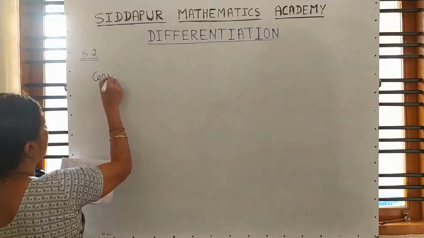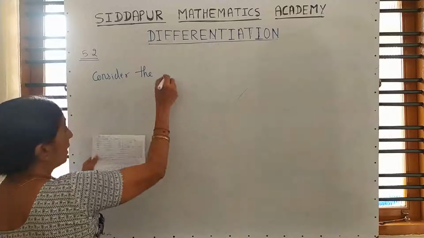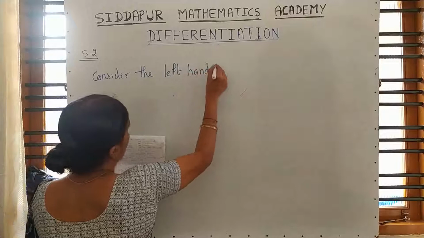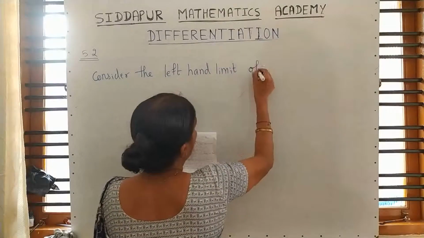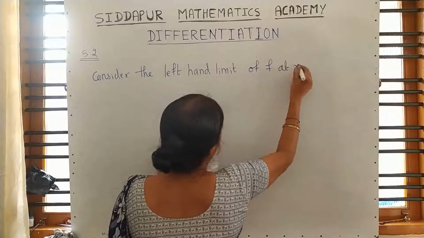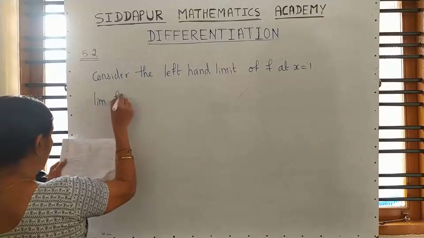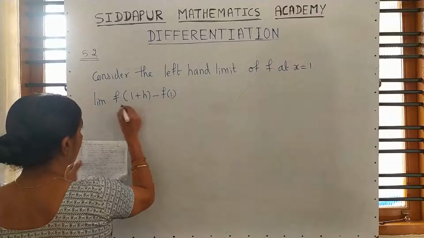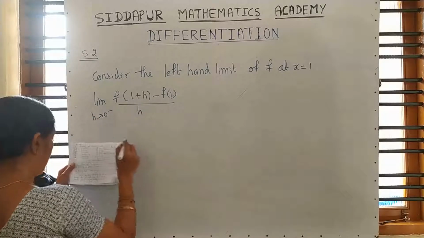Consider the left hand limit of f at x is equal to 1. So whatever I gave above, in place of c write down 1, with h tends to 0 minus.